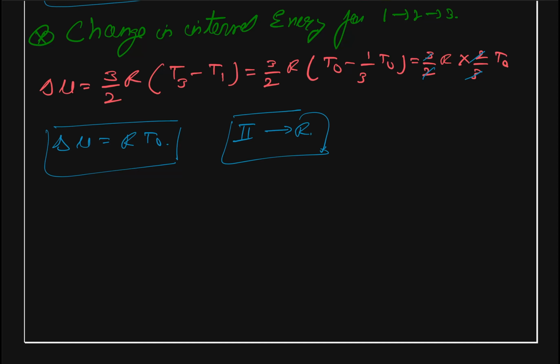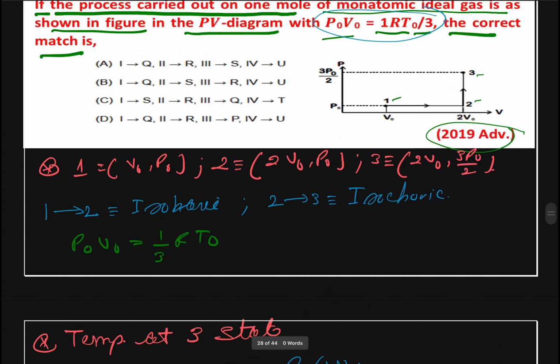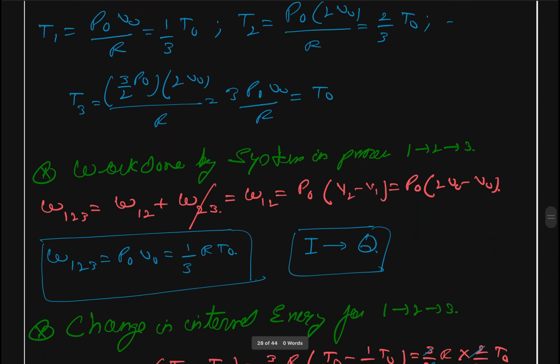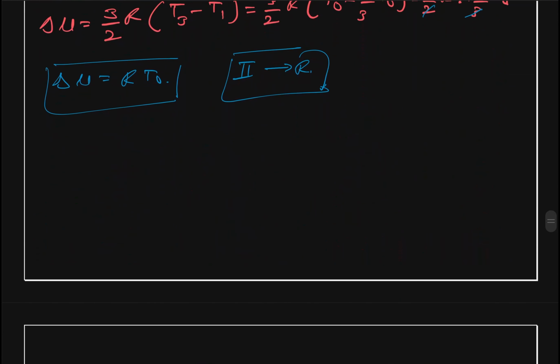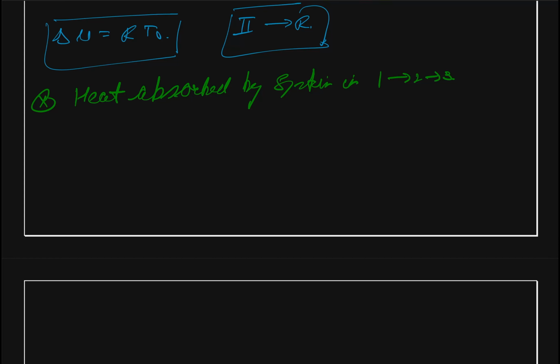Next is the heat absorbed by the system for the same process 1, 2, 3. Heat absorbed by the system in 1 to 2, 2 to 3. And according to the first law, we have heat given, internal energy change and work done.